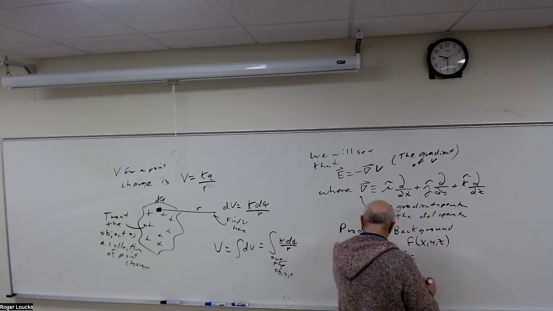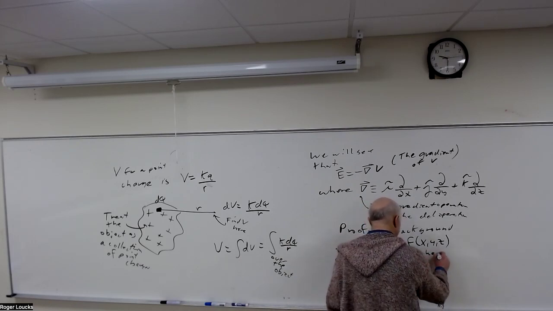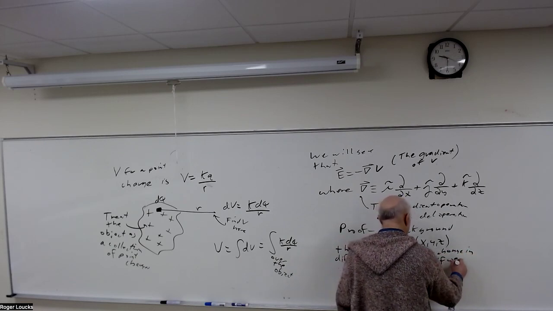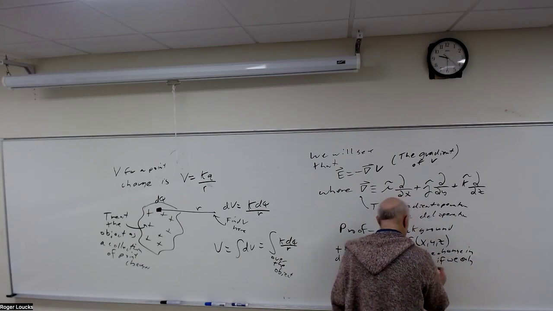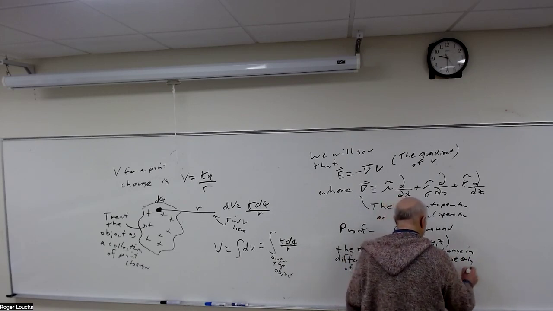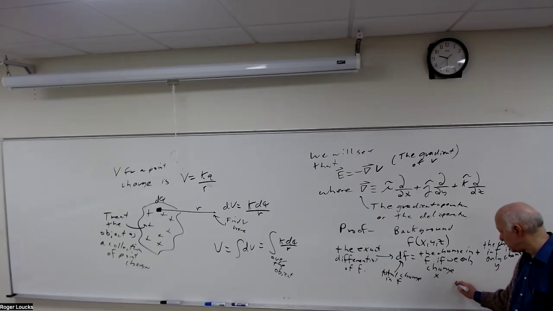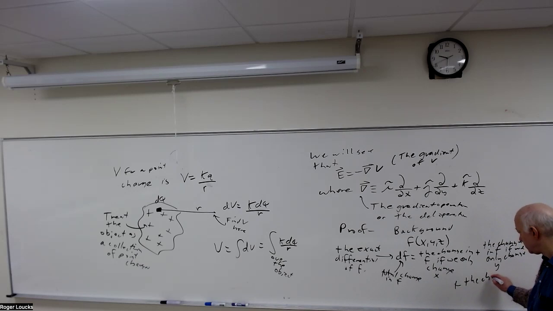So this is going to be made up of the change in f if we only change x, plus the change in f if we only change y, plus the change in f if we only change z.